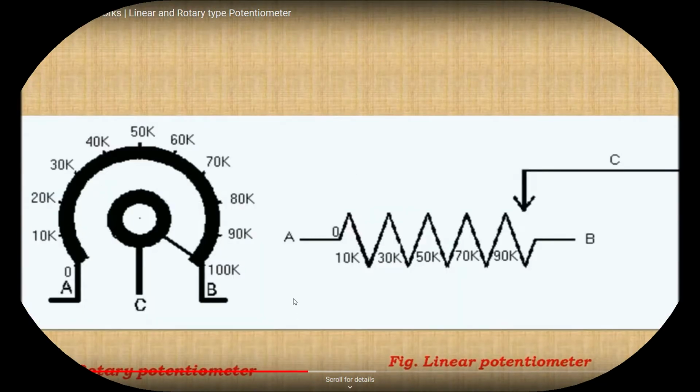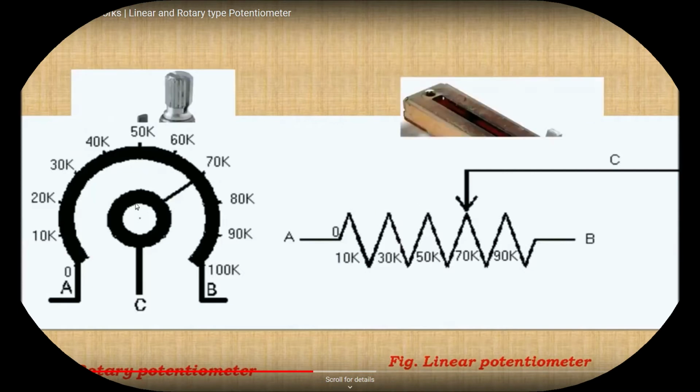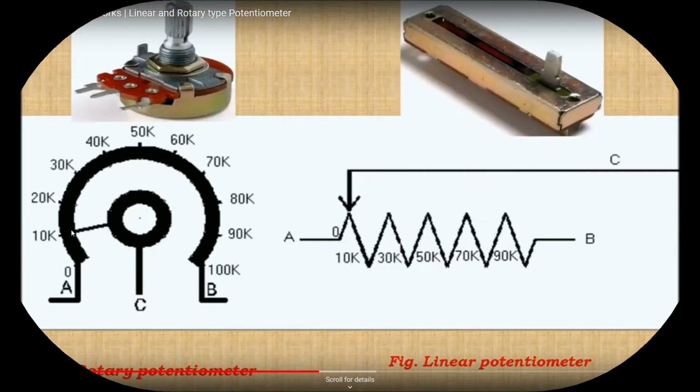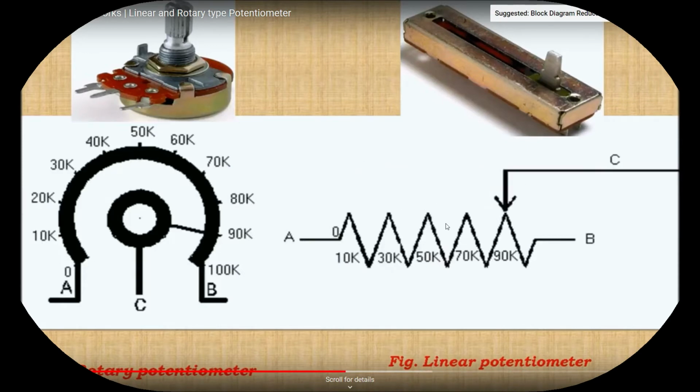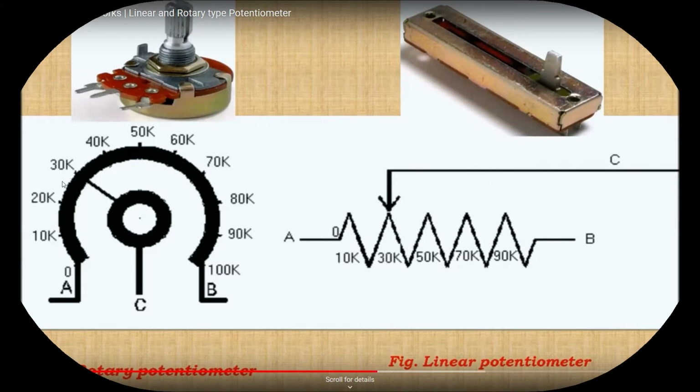This is the resistance. One of them is linear, and this one is rotary. The rotary one can vary with angular movement. Here in this one, it is straight movement. If I take the resistance between A and C, it will vary depending on where the indicator is located. 10, 30, 50, 70. The others are also between the location of the rotating wipers. Either 30, 40, 50 and 70 and so on.